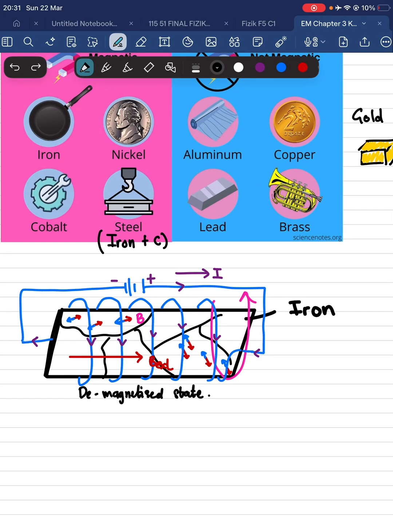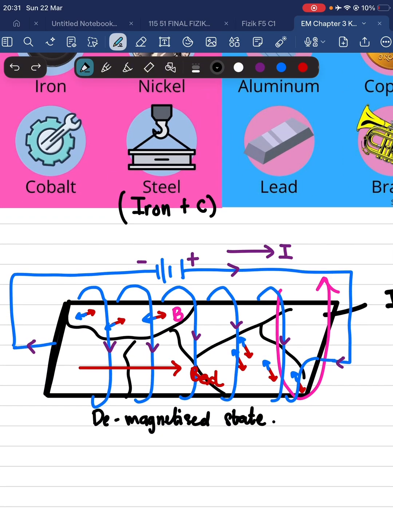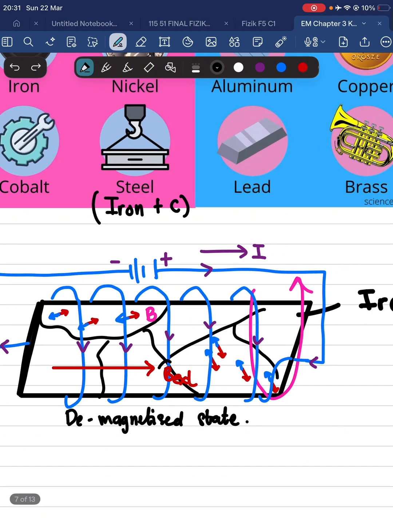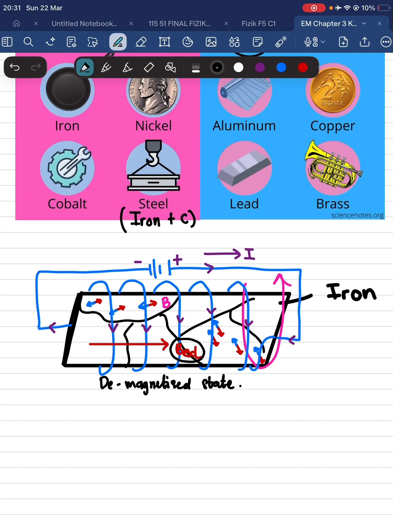So the magnetic field I call B external. This is the external magnetic field created due to the circulating current. The rule of thumb is: when you have a circulating current, you have a changing current, and when you have a changing current, then you have an external magnetic field. So what is the direction? The direction is this direction. This is the north, because the arrow is pointing here, and this is the south, right? Simply like that.